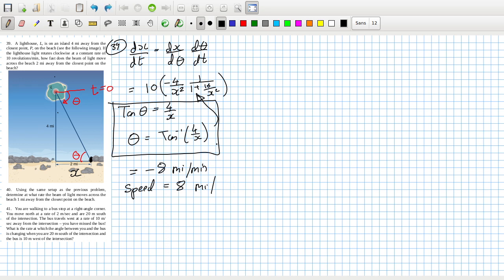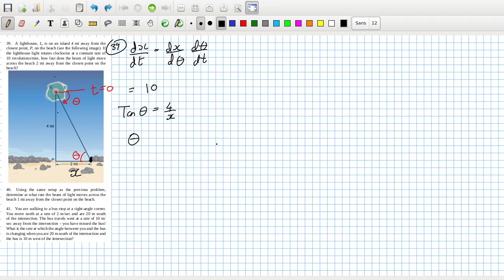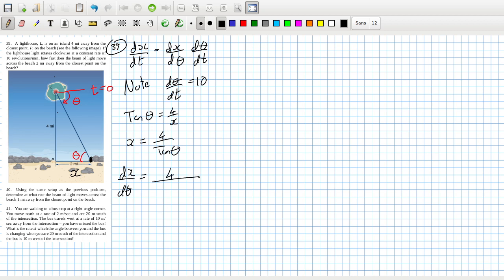Although if I wanted to make my life easier, actually, what I could say is note that d theta/dt equals 10, and also that tan theta equals 4 over x, so x equals 4 over tan theta. That means dx/d theta is 4 over tan squared theta, and then, what's the derivative of tan?